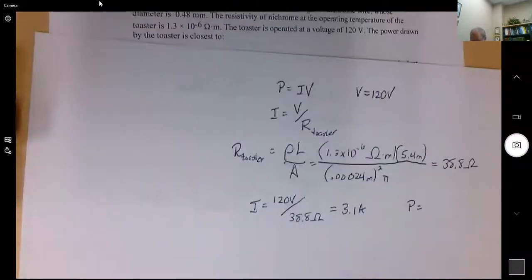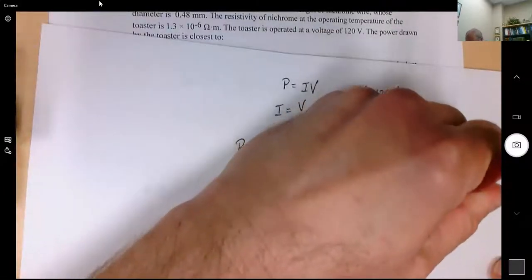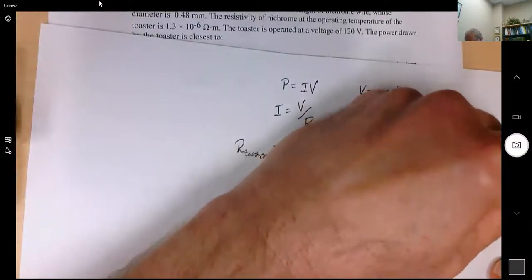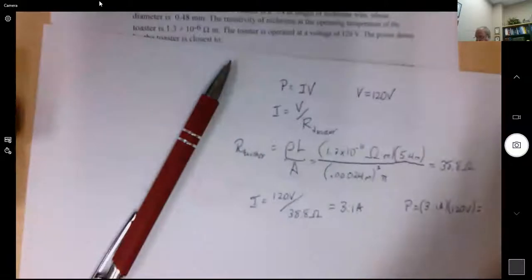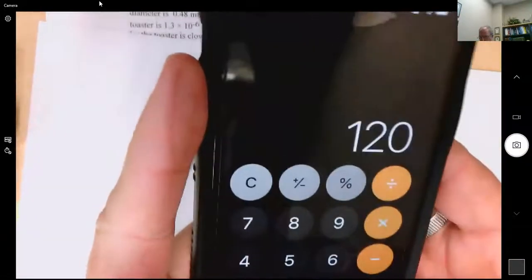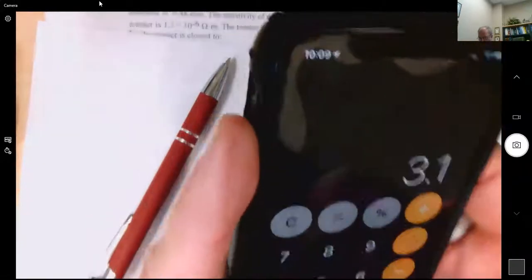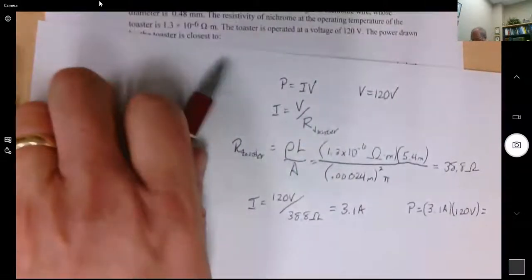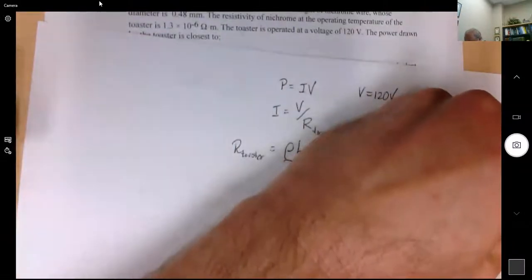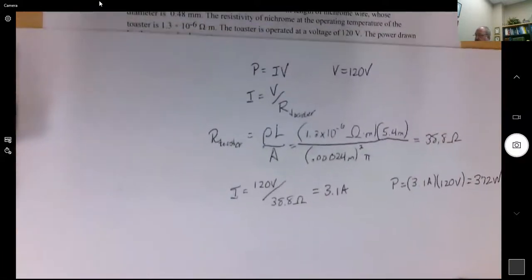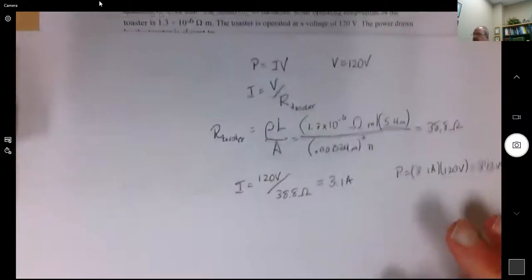And then our power, which is just our current times our voltage, is 3.1 amps times 120 volts, which is 372 watts. Okay, so a 372 watt toaster. Let's move on to the next problem.